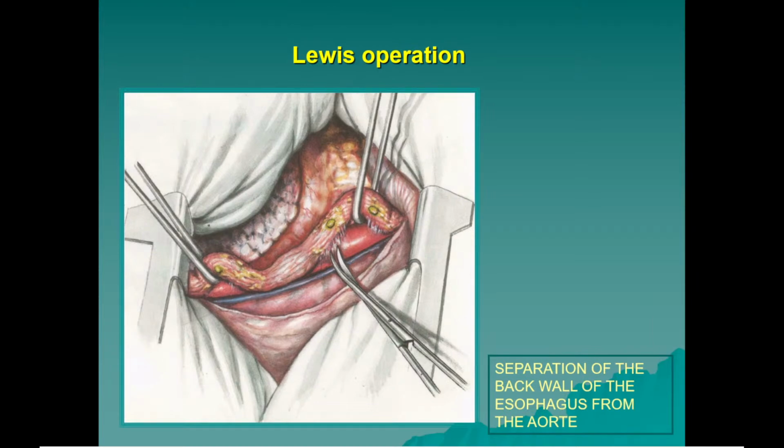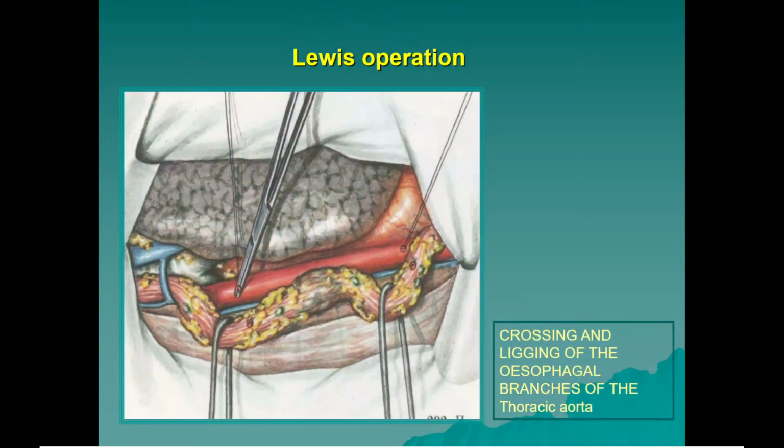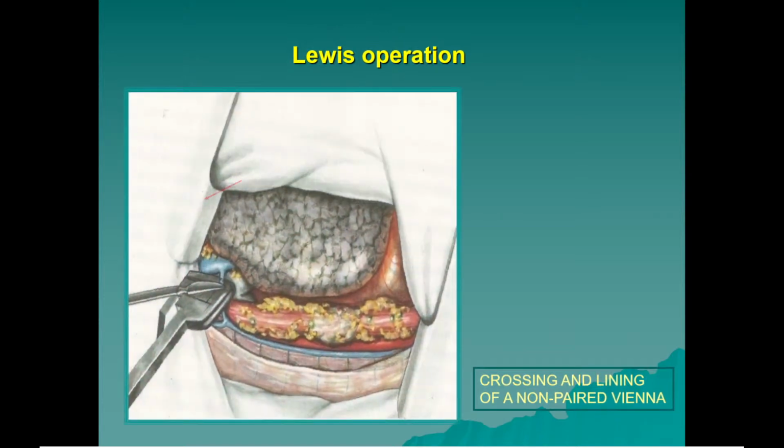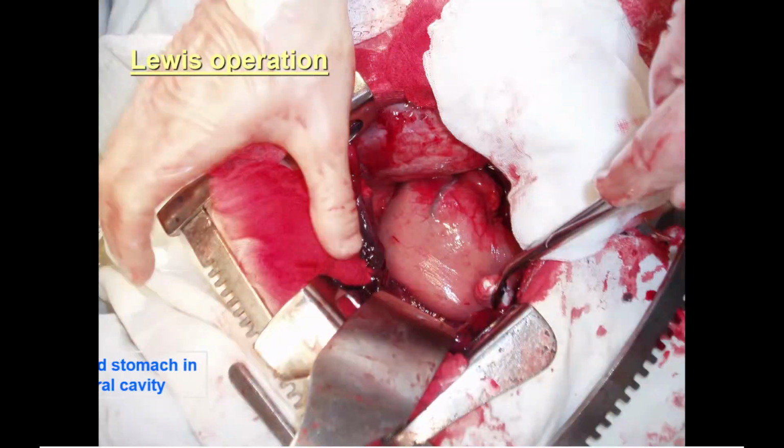Separation of the back wall of the esophagus from the aorta. Crossing and ligating the esophageal branches of the thoracic aorta. Crossing and ligating a non-paired vein.